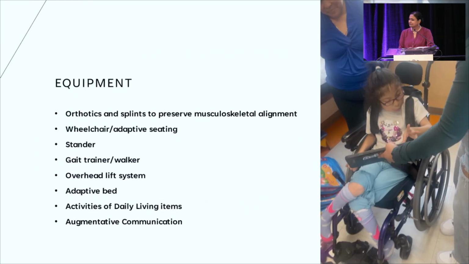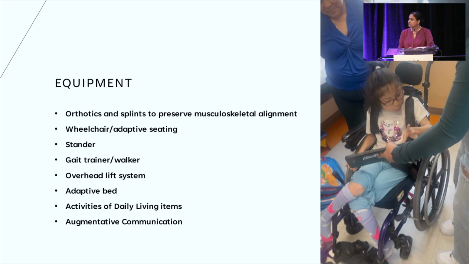So just reviewing equipment briefly. Orthotics, splints, any types of devices for trunk support can really help to preserve musculoskeletal alignment. It's much easier to preserve musculoskeletal alignment than to need interventions to change it in the future. So what am I talking about?